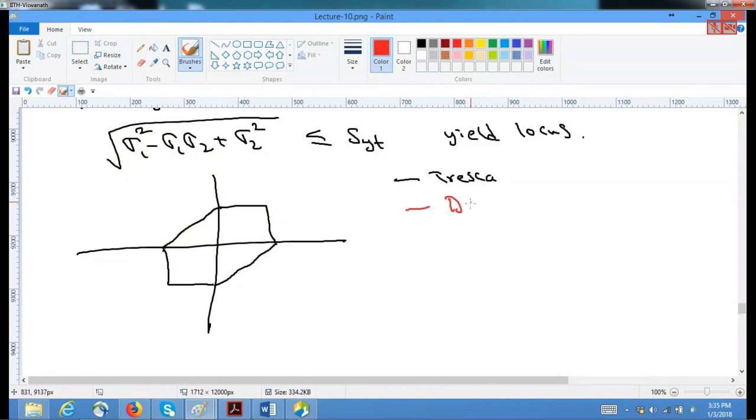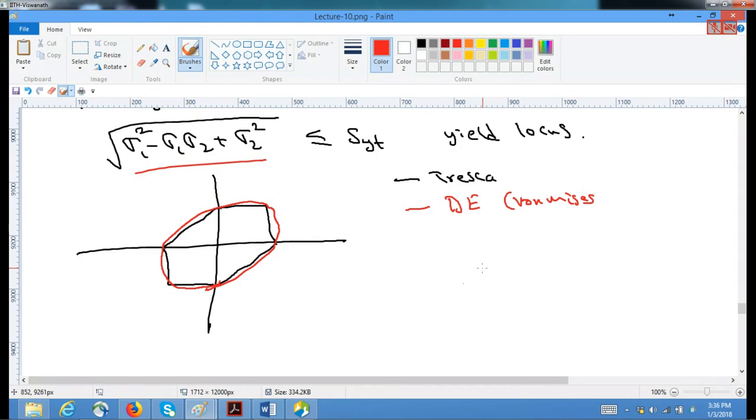The distortional energy theory is also known as von Mises. It is something like this. It would go, it's an elliptical equation. It's an ellipse.